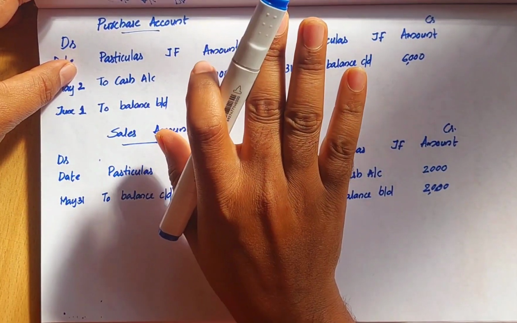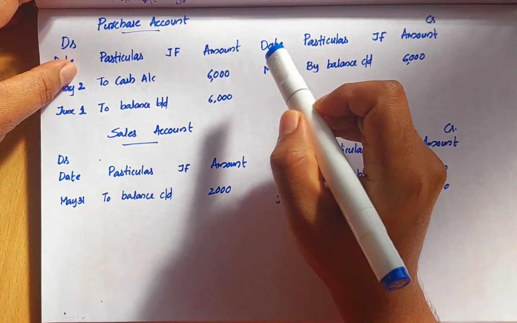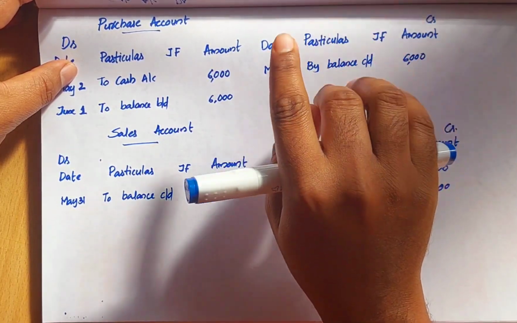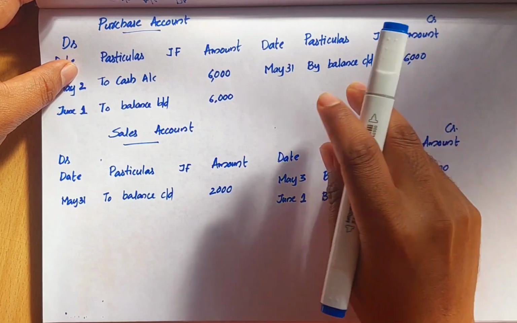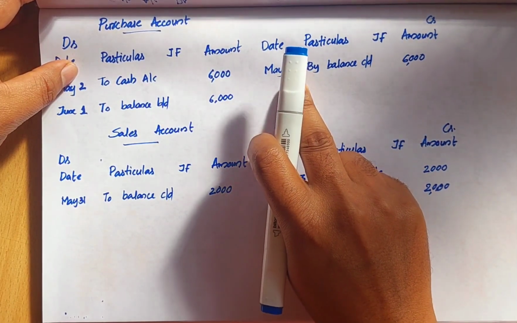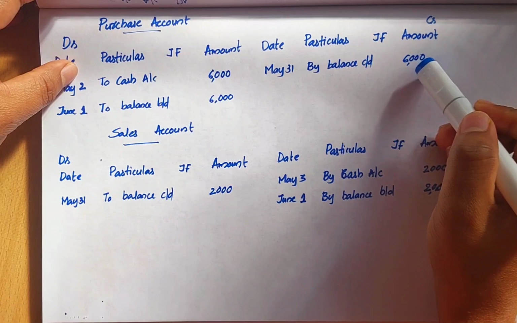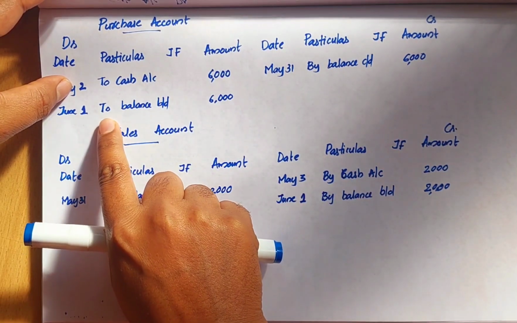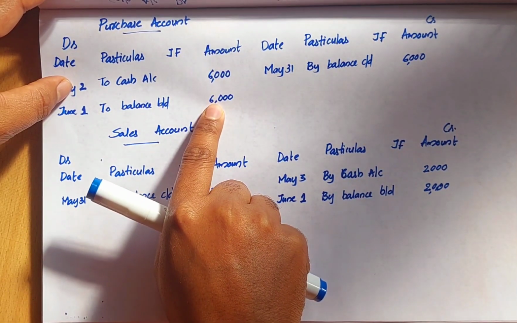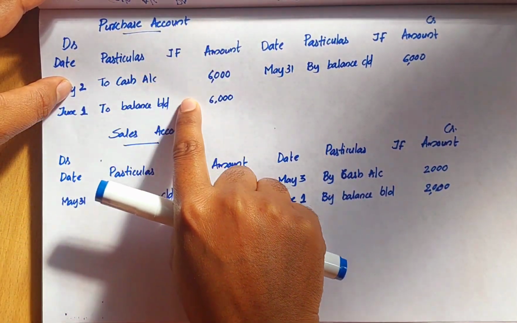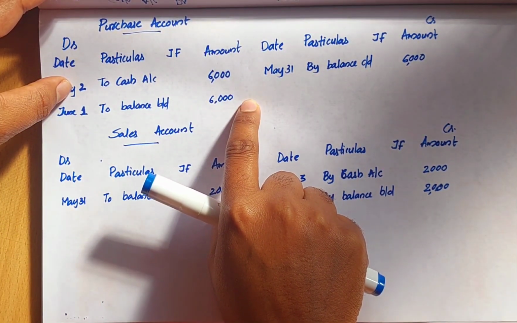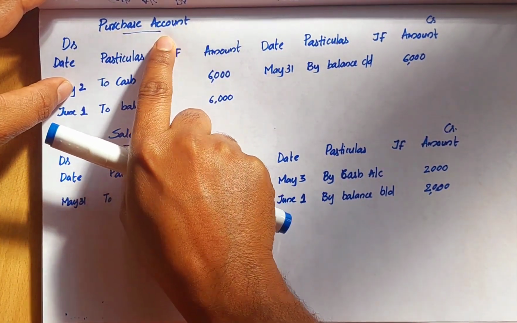We have only one transaction among all these four transactions related to purchase account. On May 31st we are balancing by balance carried down 6,000, and on June 1st to balance brought down 6,000. So this is the overall creation of this purchase account ledger.